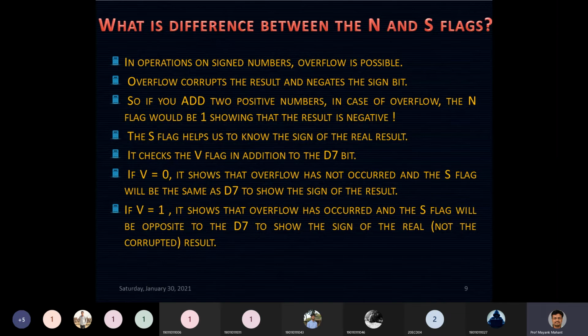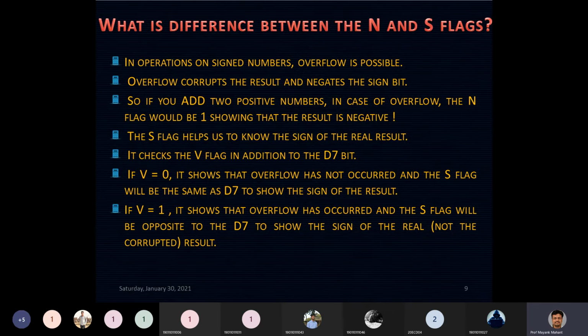If we had two positive numbers in case of overflow, the N flag would be showing 1, the result is negative. But the S flag helps us to know the correct sign of the real result. So if we check the V flag in addition to the D7 bit, if the V flag is equal to 0, it shows that overflow has not occurred and the sign flag would be the same as D7.